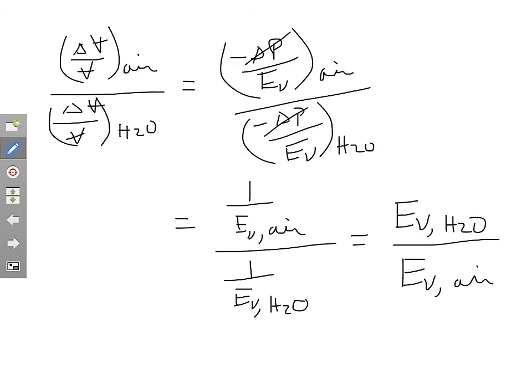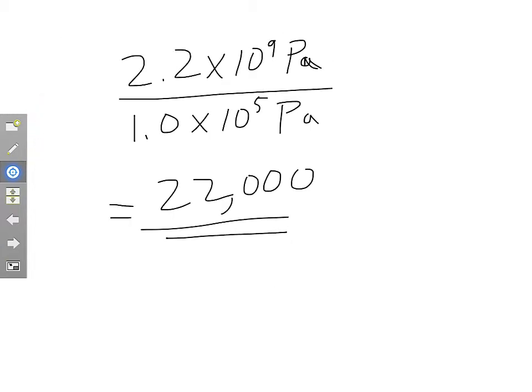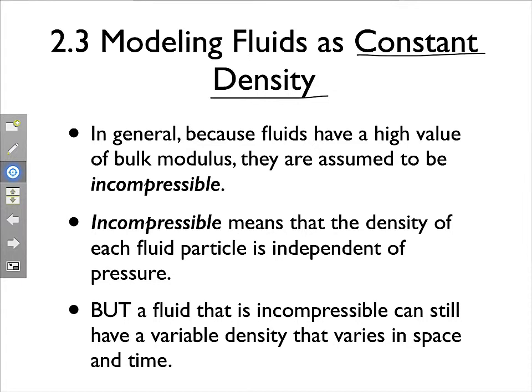So air is 22,000 times more compressible than water. In a lot of situations we can assume water or liquids are incompressible, but in many situations we will have to deal with the compressibility of gases like air. So let's now move on to talking about modeling fluids as a constant density.